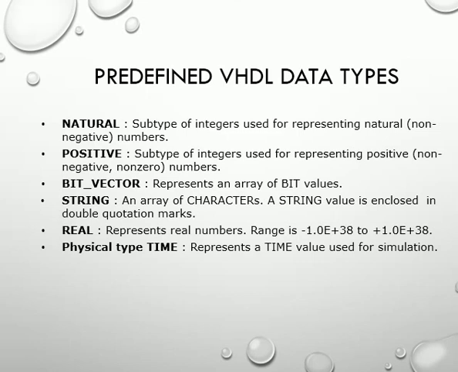A string value is enclosed in double quotation marks. Then the real type, which represents real numbers, ranging from e raised to minus 38 to plus 38. And then the physical type time, which represents a time value used for simulation. So these are the predefined VHDL data types that are used in VHDL programming.